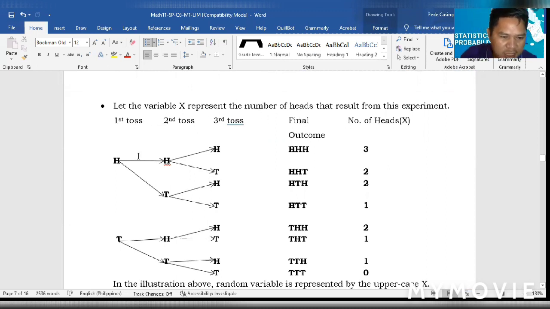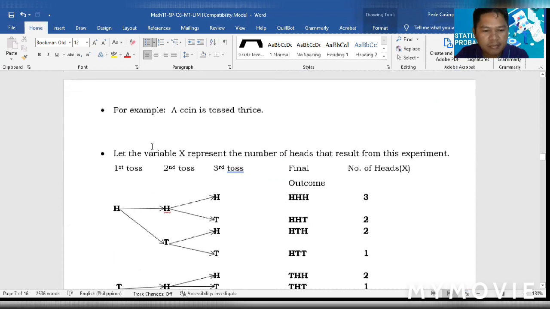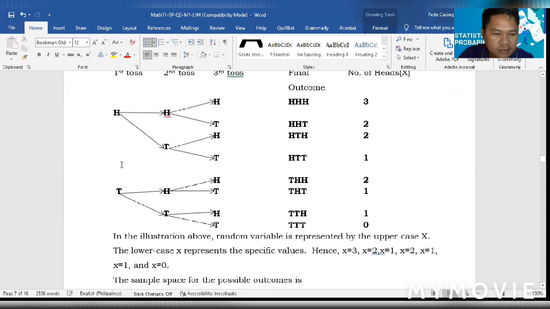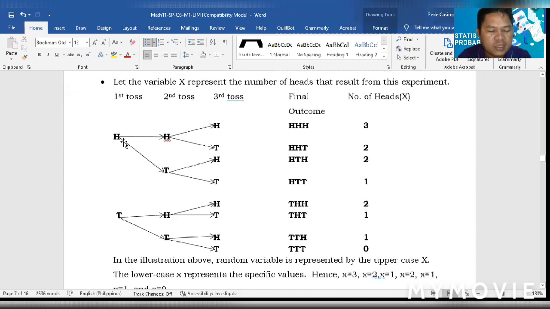In the first toss, as you can see, we have H and T. So we have head and tail for each coin. There is a possible outcome that the first coin will be head or tail. For the second toss, another coin, it can again be head or tail.